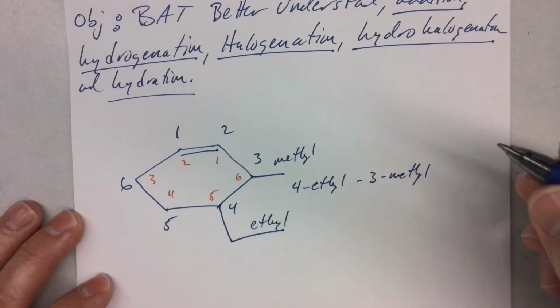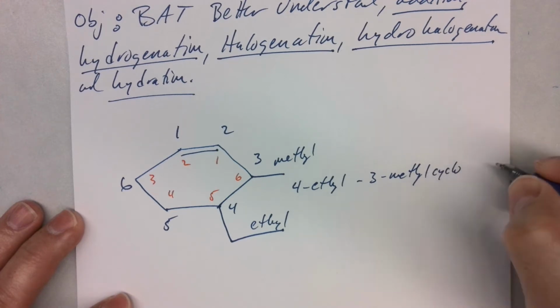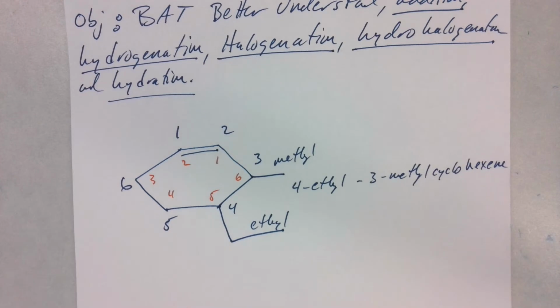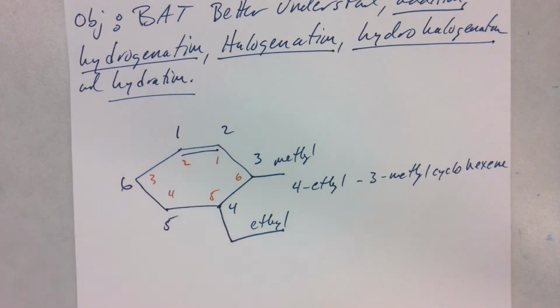And then that's going to be, what's that? Cyclo what? Excellent. Hex. What'd you say? Ene. Hexene. Yep. And I don't have to put a 1 there because it is always on the 1 when there's 1.